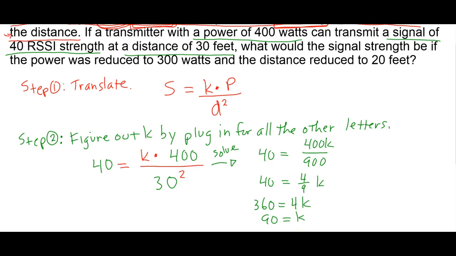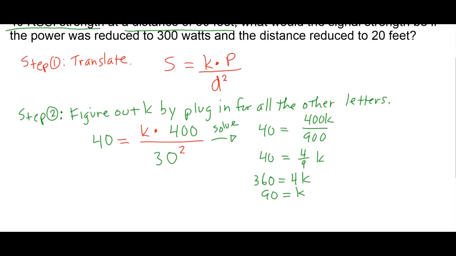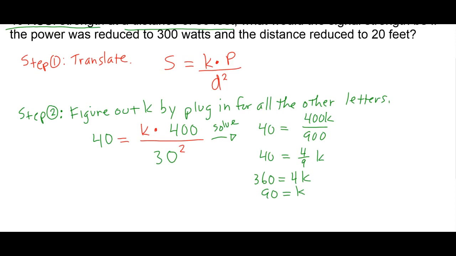And then, once you've figured out what K is, you essentially combine step 1 and step 2 to create step 3. So for step 3, you actually answer the question.